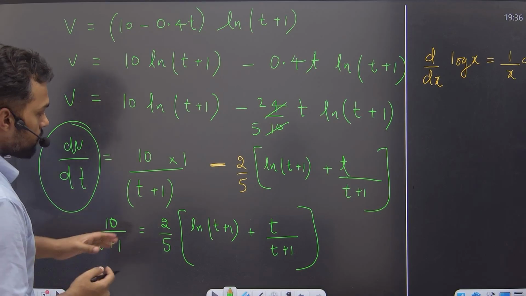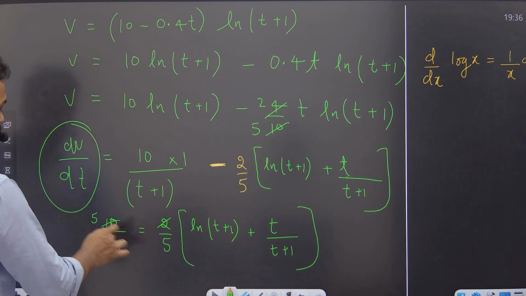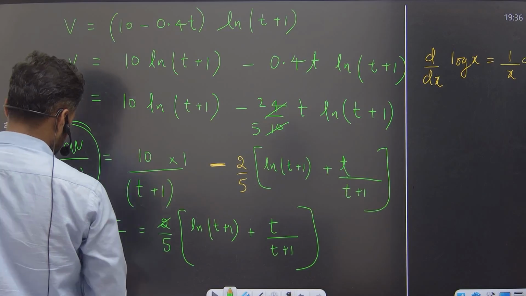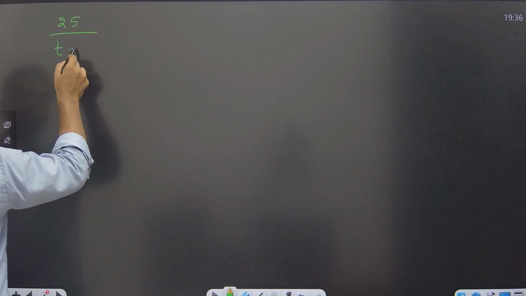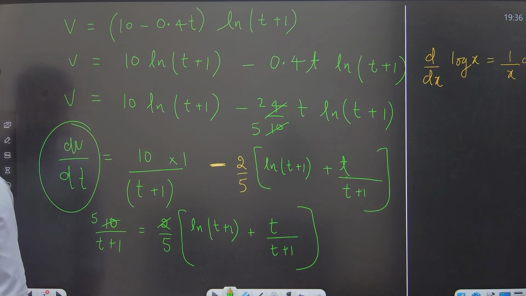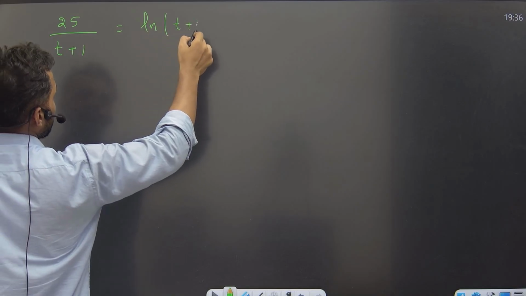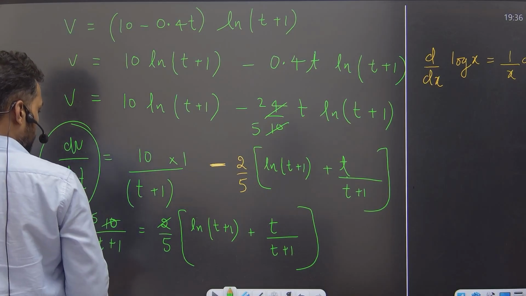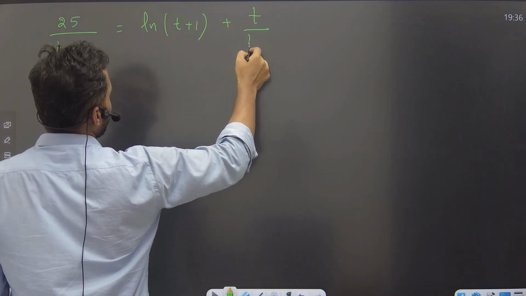Okay, so we can calculate it here itself, that we will get 2 5. So 25 by (t plus 1), 25 by (t plus 1) equals log of (t plus 1) plus t by (t plus 1) plus t by (t plus 1).